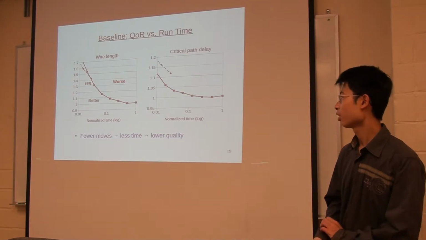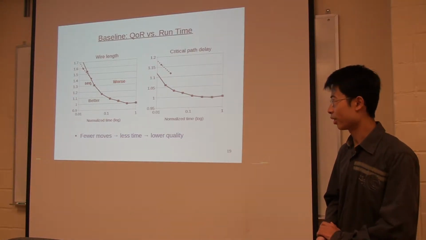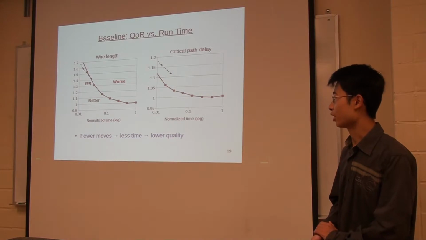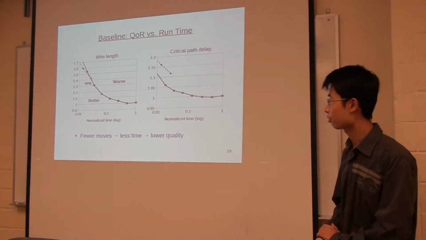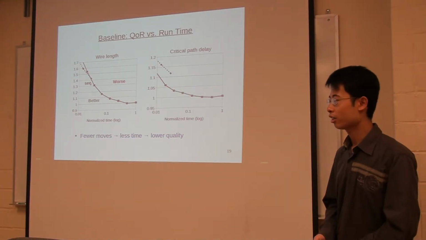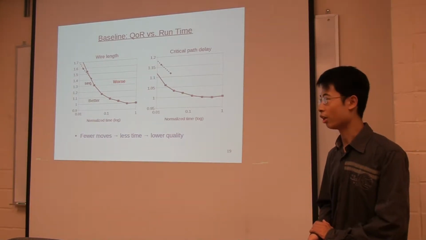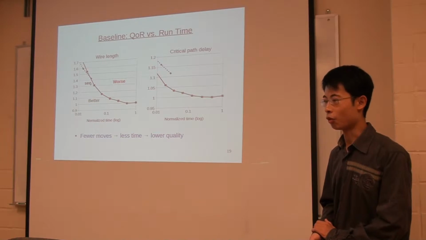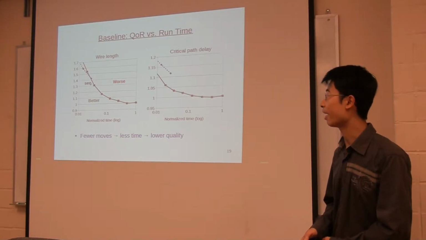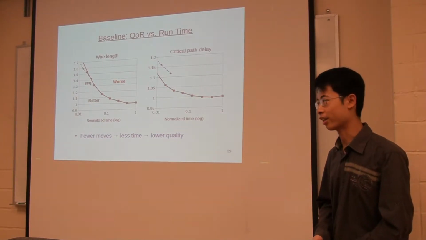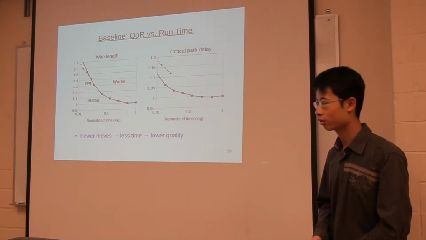And we can see that with fewer moves, the placer takes less time, and the quality of the resulting placement gets worse. The dashed line shows what happens when we start off the annealing process with a low temperature, so that we avoid the usual hill climbing, and in cases of low effort, that can produce slightly better quality.